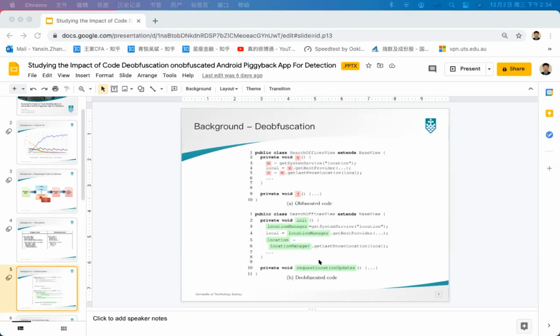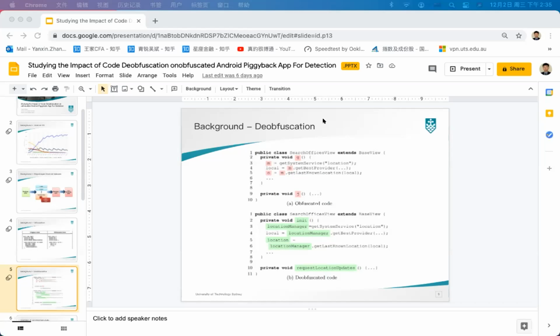And people will ask how the terms are decided, because it's only G, M, and O, J. So how do they decide what meaningful word should be transferred into this deobfuscated code? The way is to use a data-driven strategy.